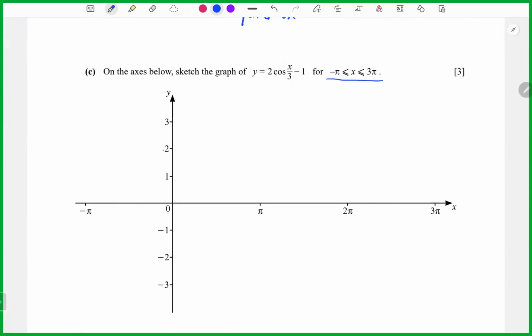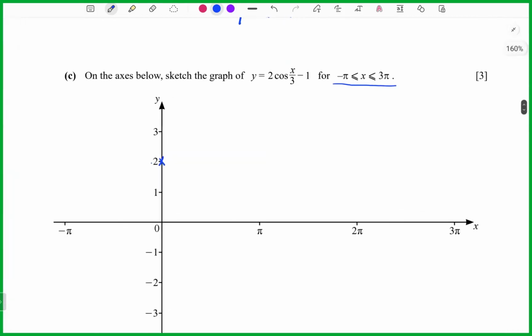Because x is 0, you will get 2 here. You need to remember to use the calculator now.